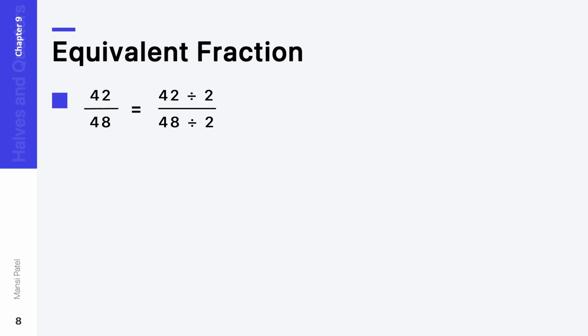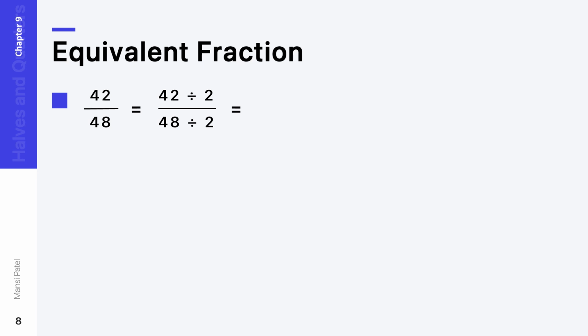If you are doing division, then the number should be the same in the numerator as well as in the denominator. So see here, 42 upon 48. Both numbers are divisible by 2, or we can say that when we divide 42 and 48 by 2, our remainder is 0.